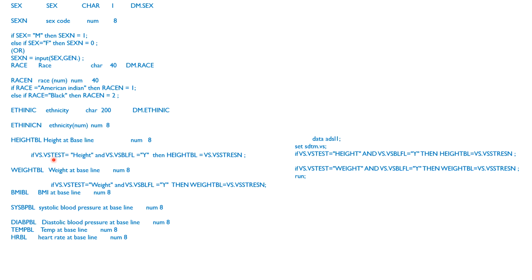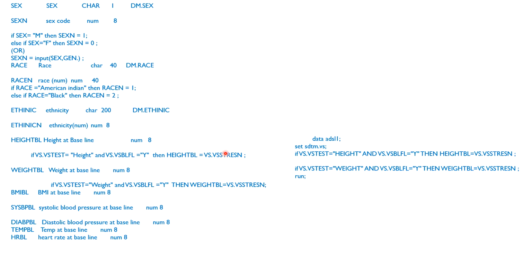So here, if VS test equal to height and VS baseline flag equal to Y, then height baseline flag is equal to the standard result numeric format, whatever data we are going to capture for height baseline flag. Okay, so these are the variables we are creating from the source of the VS domain.